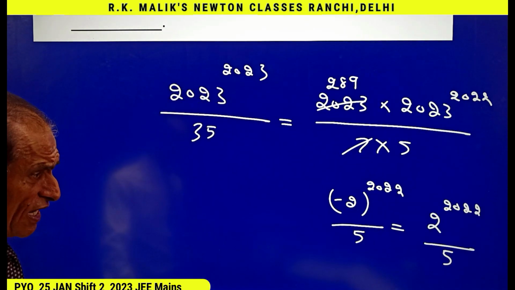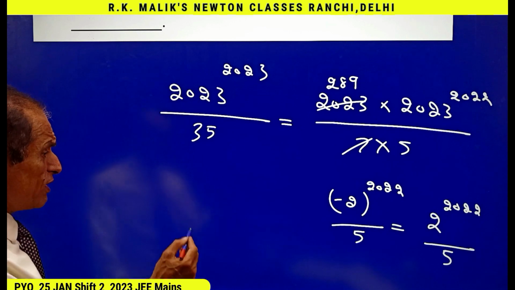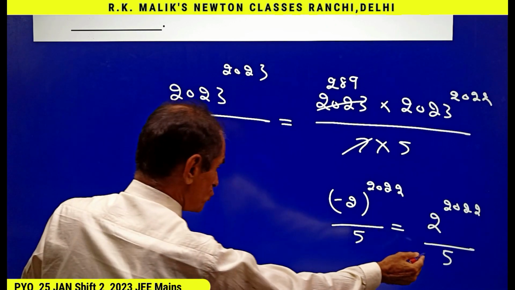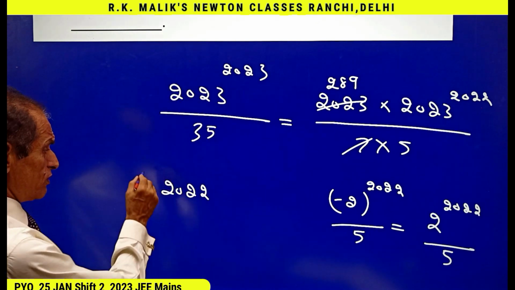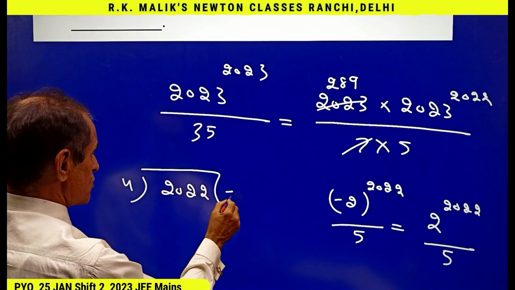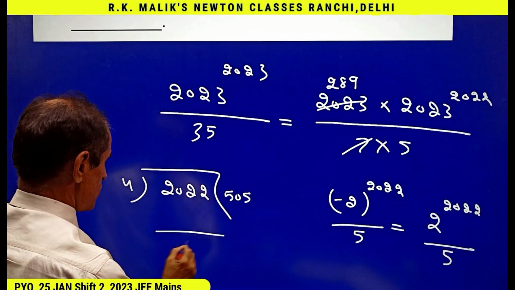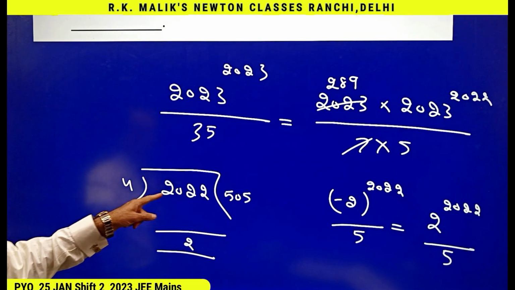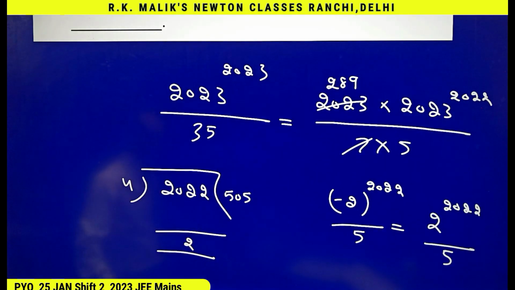And now the question is when this is divided by 5, what is the remainder? In this case, as I told you just now, divide 2022 by 4, the quotient of 5. Clearly, when this is divided by 4, quotient will be 505 and remainder will be 2.